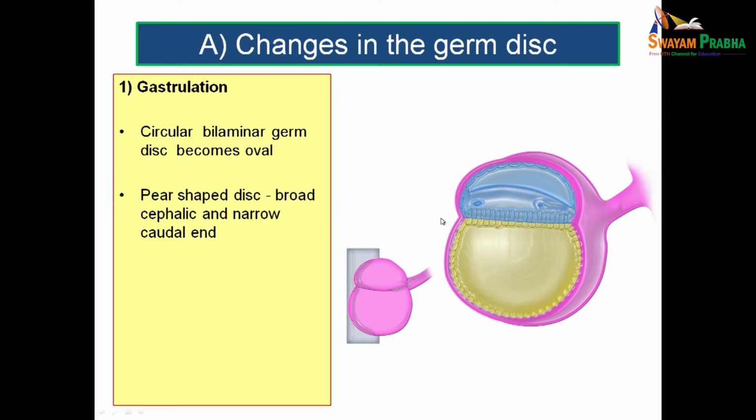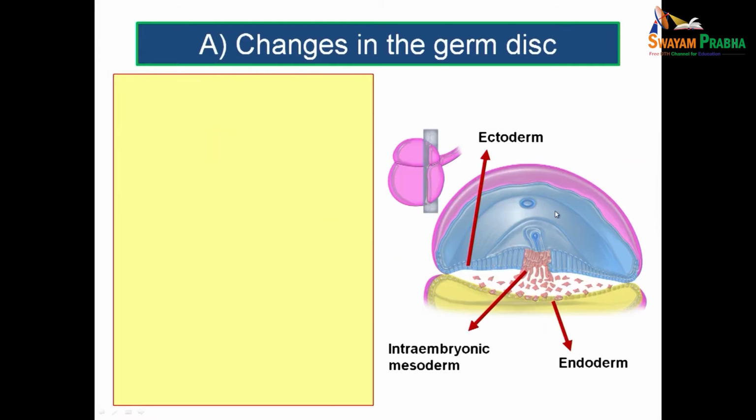Before this, the circular disc becomes an oval one, roughly in the form of a pear with a broad cephalic end and a narrow caudal end.